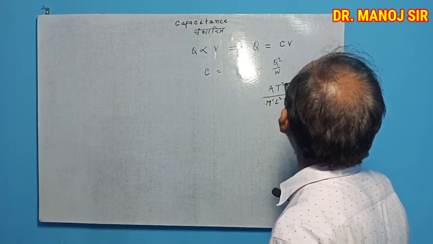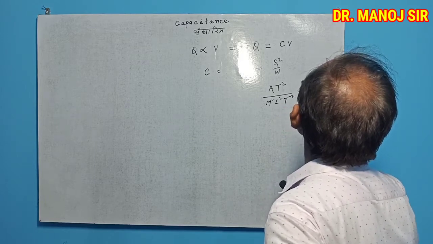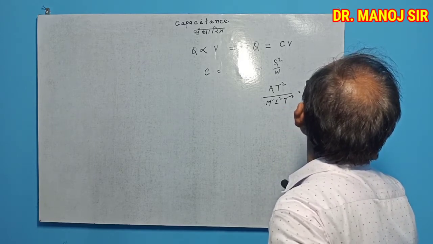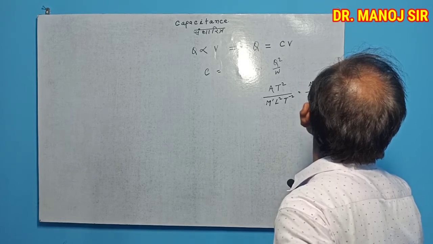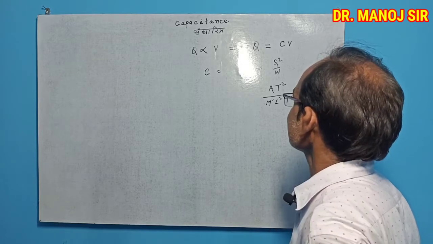That can be written as A squared T squared upon M L squared T to the minus 2, that is the dimension.